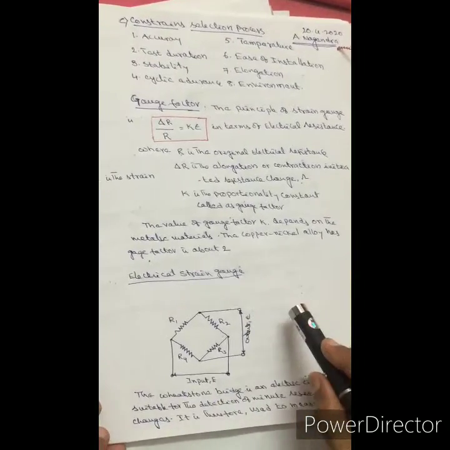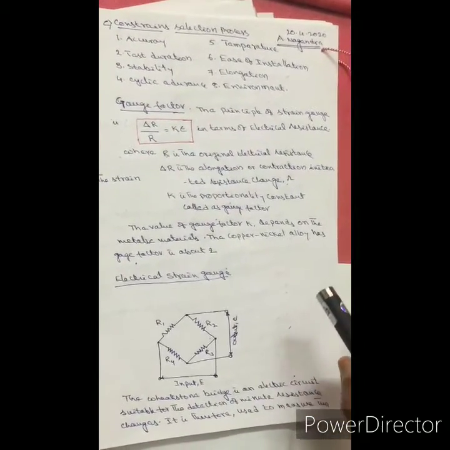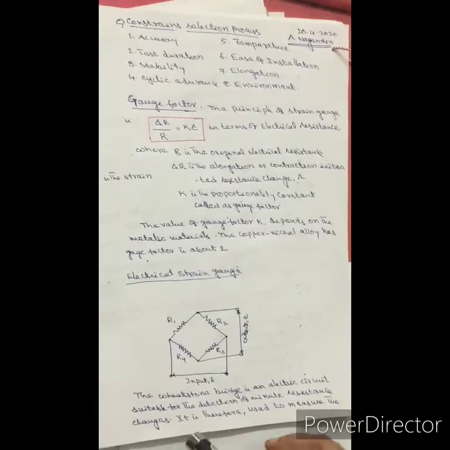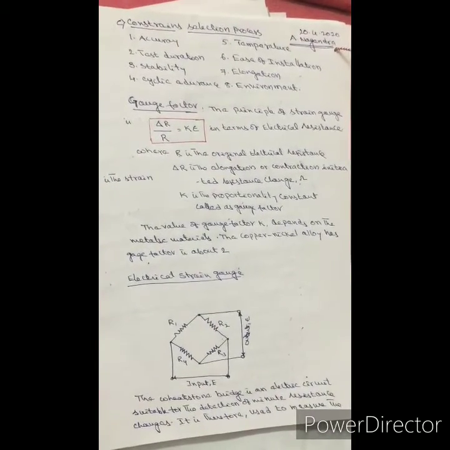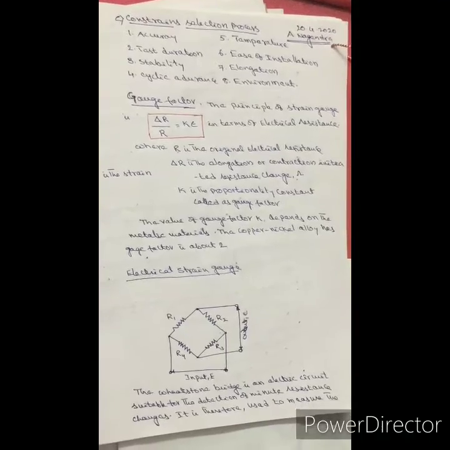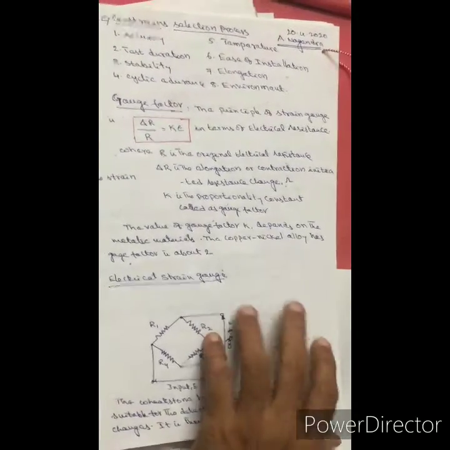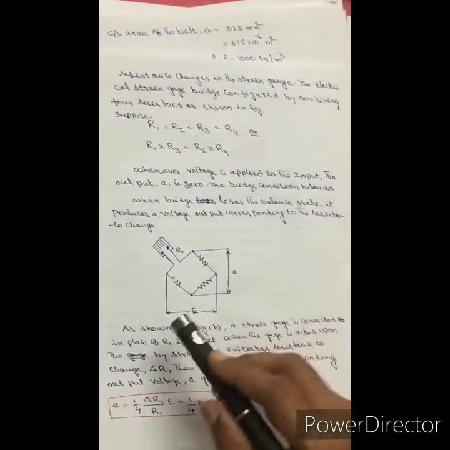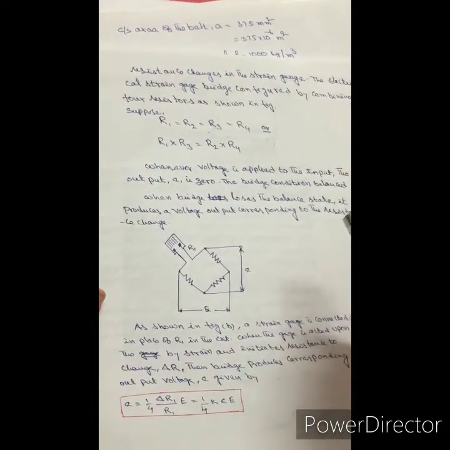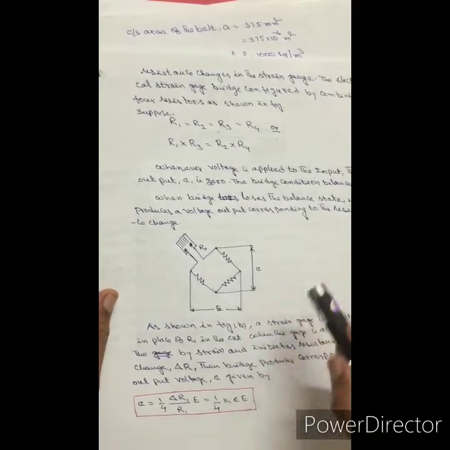I connect R2 and R3. This is called a Wheatstone bridge. It is an electric circuit suitable for detecting small resistance changes, and is therefore used to measure the resistance changes in the strain gauge. The electrical strain gauge bridge is configured by combining the 4 resistances as shown.